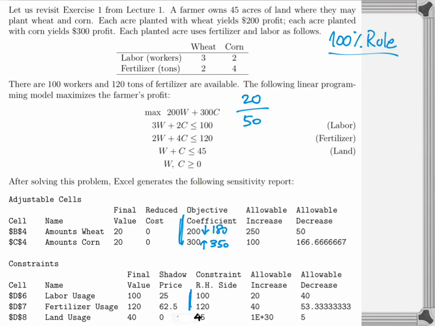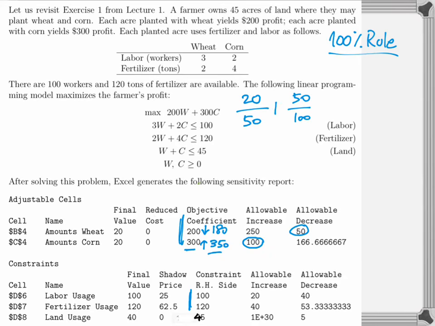For corn, I could have increased by 100 for the solution to stay the same, and I increased by 50, so I consumed 50 out of 100. Notice that I'm looking in the direction of the change: because wheat was a decrease, my denominator is the maximum decrease, and because corn was an increase, my denominator is the maximum increase.